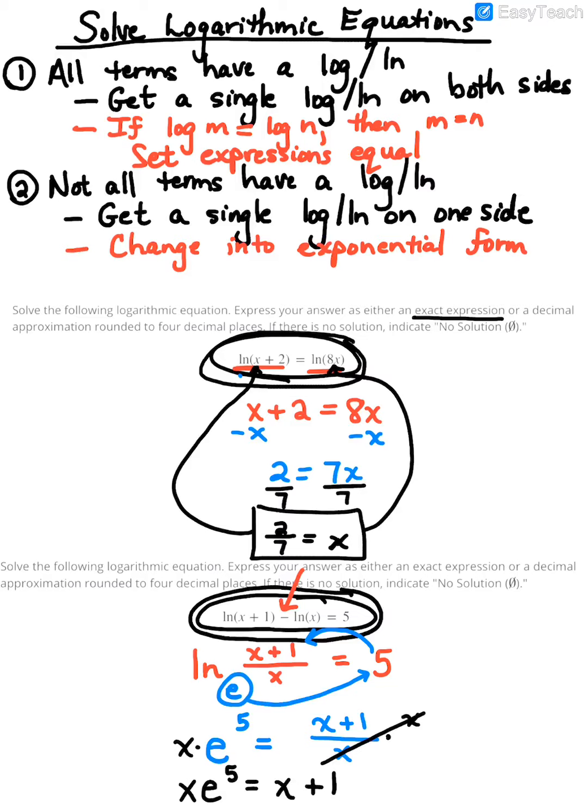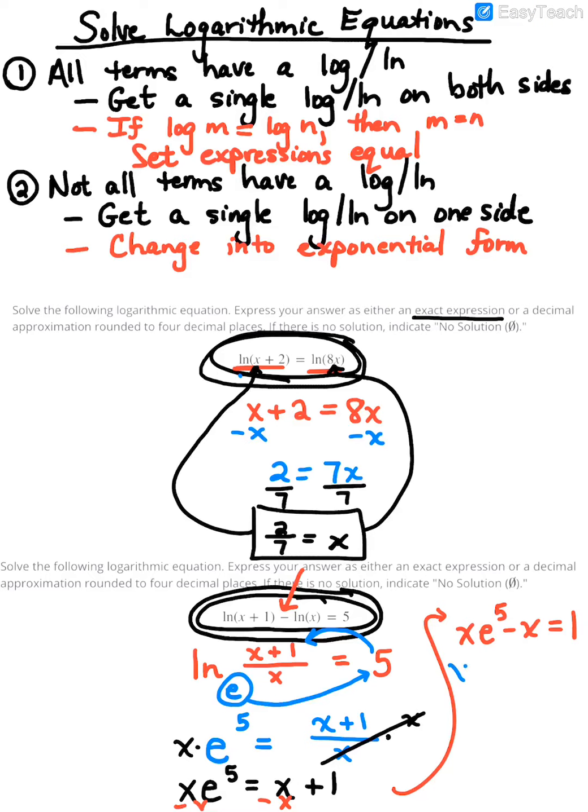I need to get the x's on the same side, so I will subtract x on both sides. So I have x times e to the 5th minus the x I subtracted is equal to 1. Notice both terms have an x in common.